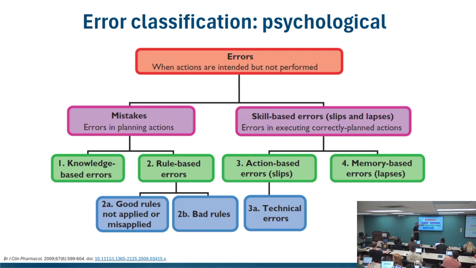There are differences between mistakes and skill-based errors. A mistake is when, as we discussed earlier, you plan to do it wrong. I'm doing something or wanting to do something and my plan is not carried out effectively, but the plan is the problem. Skill-based errors are when the plan was fine, I just didn't execute it.